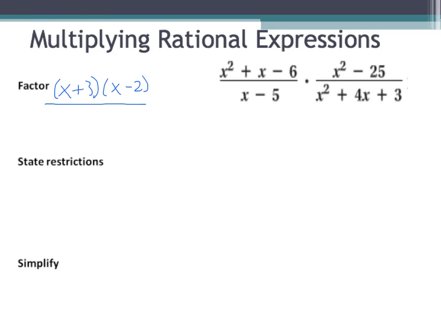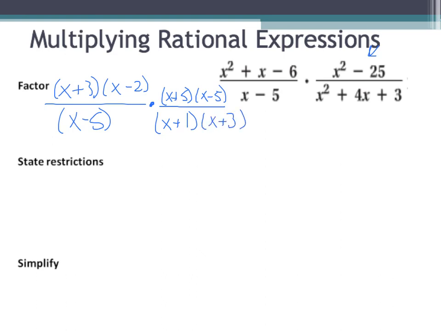And x minus 5 does not have to be factored, so that's just going to stay as x minus 5. Then I look at my second fraction here. This would be multiply to get negative 25, but add together to get 0. So I have x plus 5, and I would have x minus 5. And on bottom, 2 numbers that multiply to get 3, but add together to get 4. So that's what my factored fractions would look like.